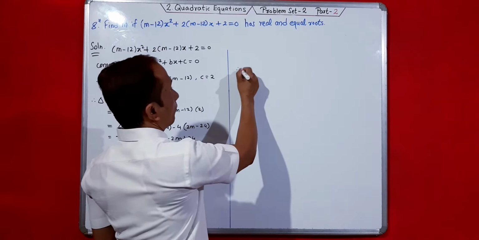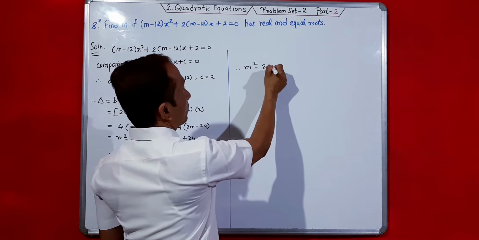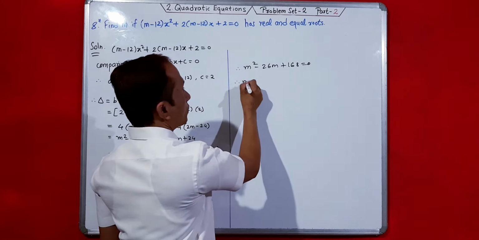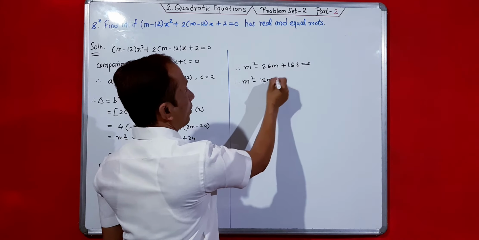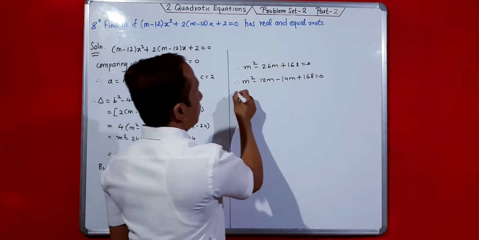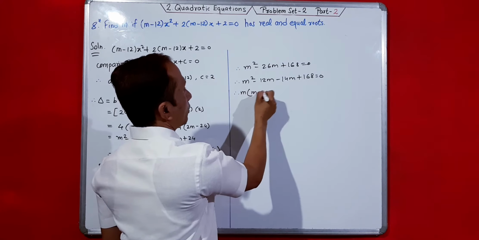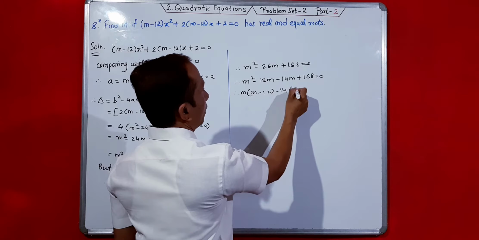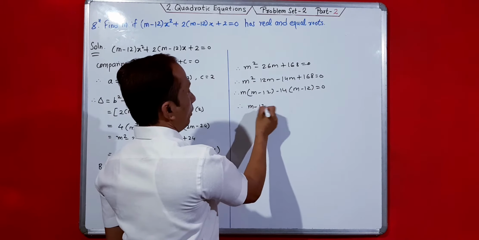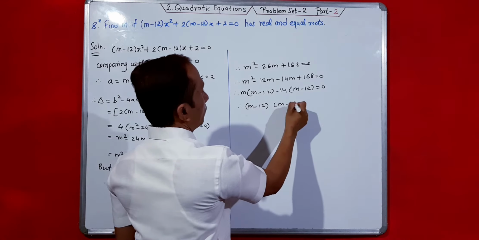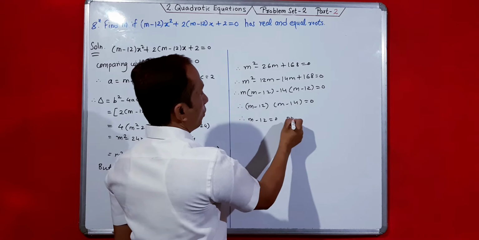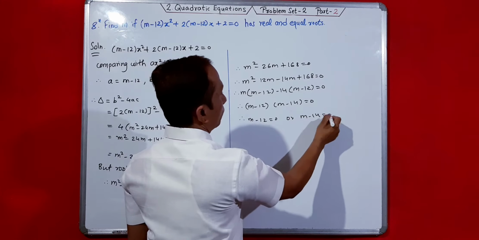We have to factorize m square minus 12m minus 14m plus 168 is equal to 0. Therefore m(m minus 12) minus 14(m minus 12) is equal to 0. Therefore (m minus 12)(m minus 14) is equal to 0, so m minus 12 is equal to 0 or m minus 14 is equal to 0.